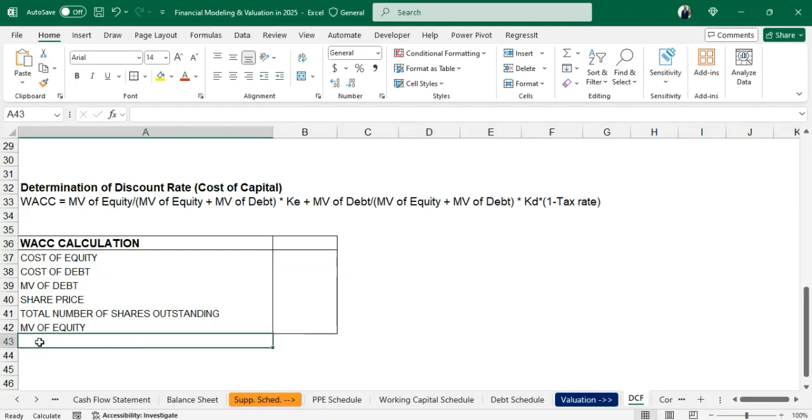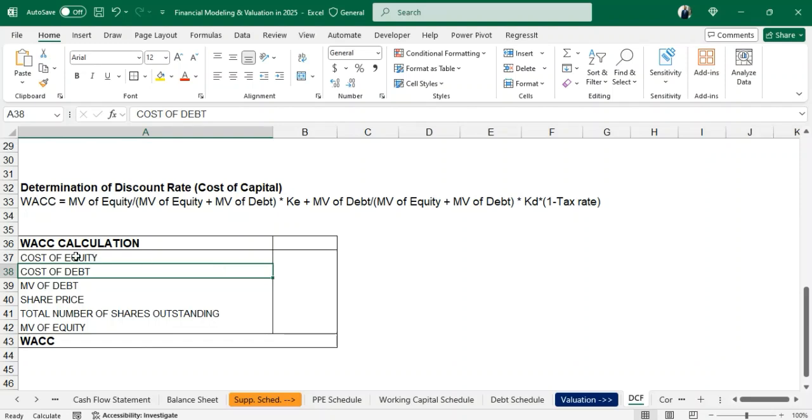So with that, we can have our WACC at the bottom here. So I have my WACC here. Also insert a border here. All right. So let me bold this using Control B as well.